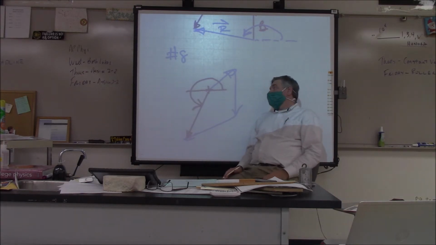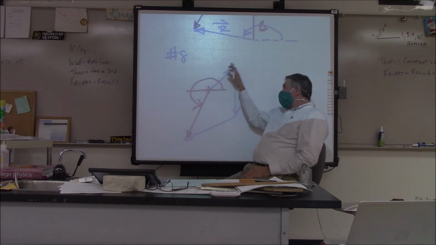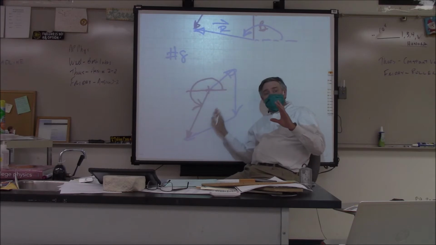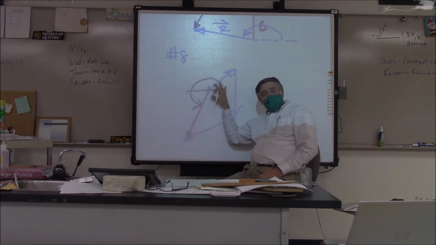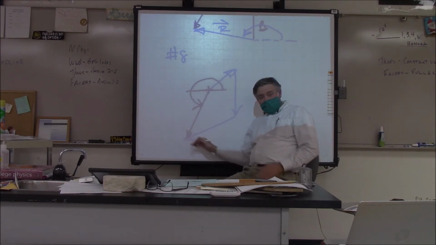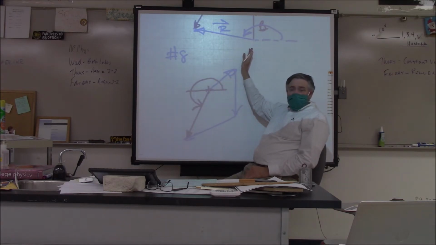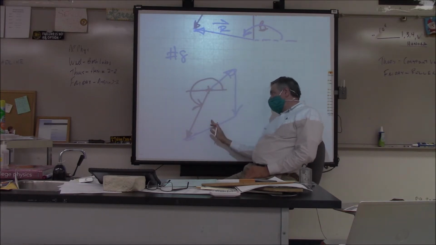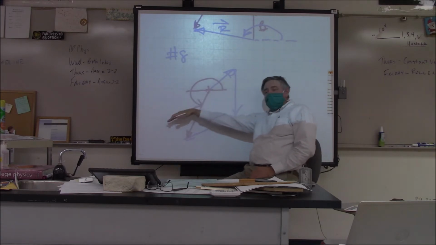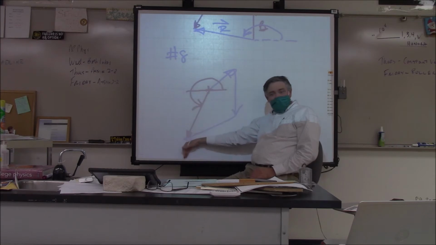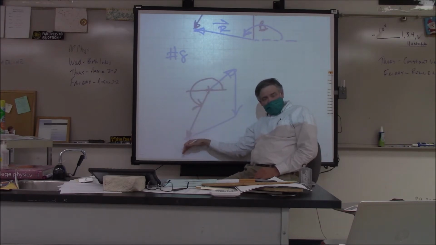If these are forces, this object would be accelerating in this direction. So maybe it's a block of wood, you have something pushing it up this way, you have gravity pulling it down, you have another force pushing it down this way, and all those forces together would make it accelerate in this direction.